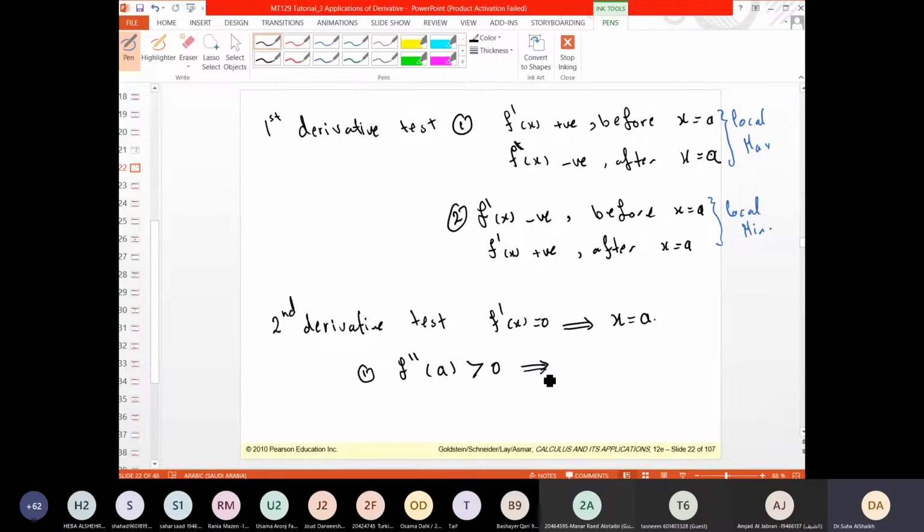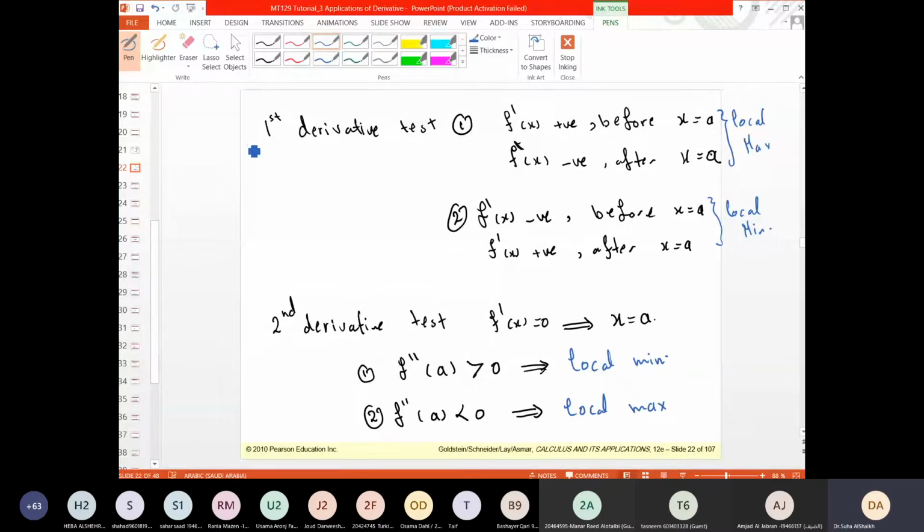If f double dash is positive, it means concave up, it means my point is bottom, so my point is local minimum. That's correct. My point is local minimum point. And if it happened, number 2, that f double dash at the point a is negative, in this case I say that my point has a local, that's correct, it has a local max point.